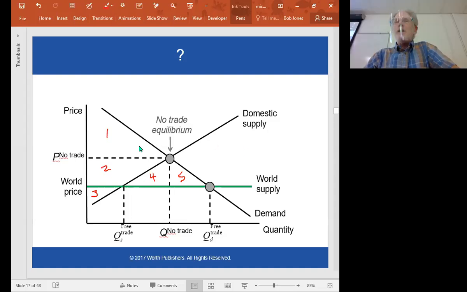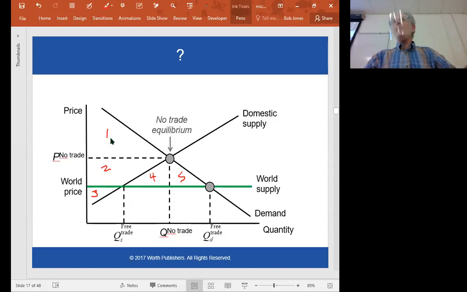Right, area 1 does have to be included, because again, always go back to our shortcut for finding the consumer surplus. Area below the demand curve and above the price line, but you got to make sure you know which price line is relevant. When we had the closed economy, the price was here, and so the area below demand and above the price line was just area 1.